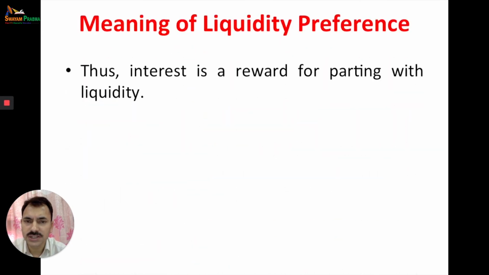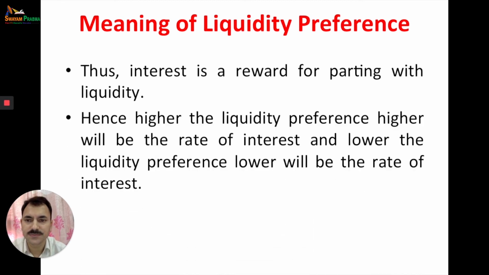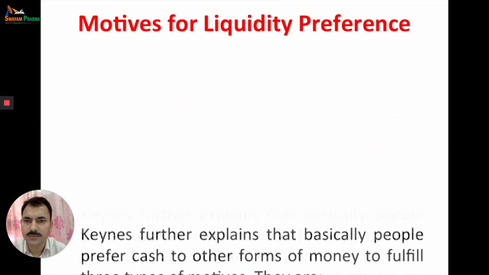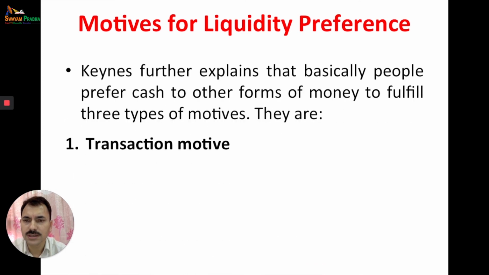Thus, interest is a reward for parting the liquidity. Hence, higher the liquidity preference, higher will be the rate of interest, and lower the liquidity preference, lower will be the rate of interest. Positive and proportional relationship.